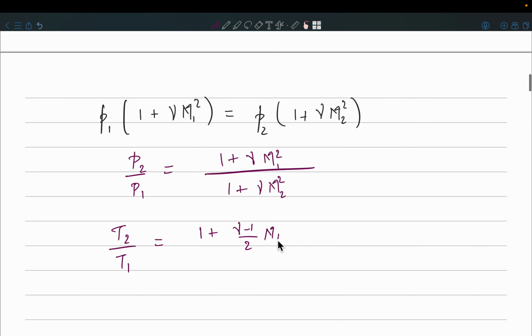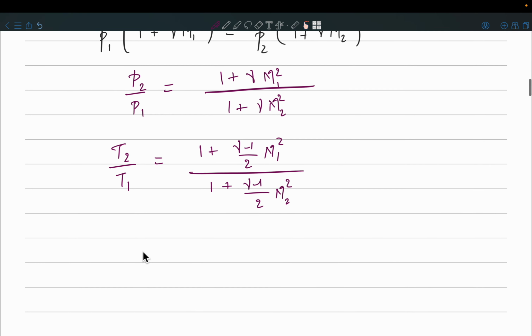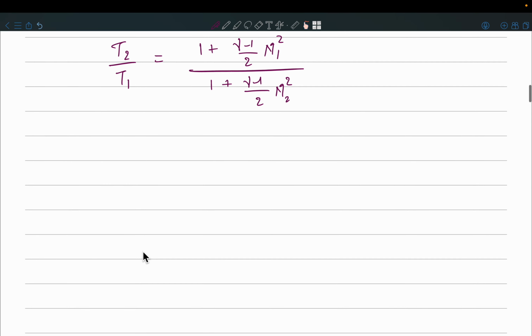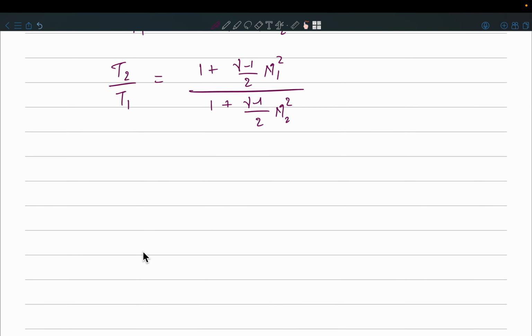M1 square, and this whole divided by 1 plus gamma minus 1 by 2 M2 square. That again tells me that since M1 is more, temperature is increasing. So we know that static temperature increases, static pressure increases across a shock, stagnation temperature remains same.